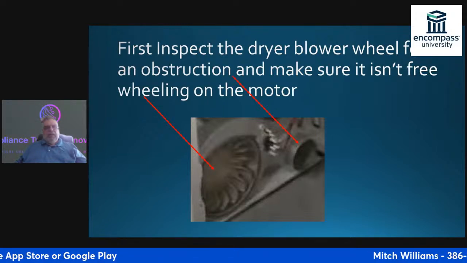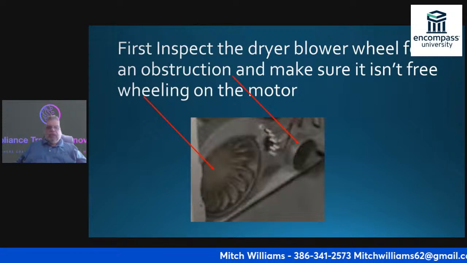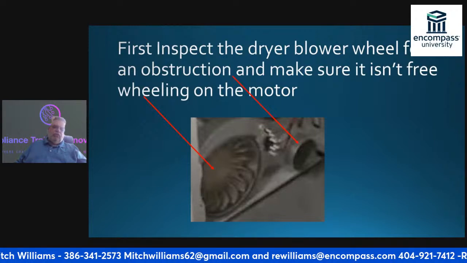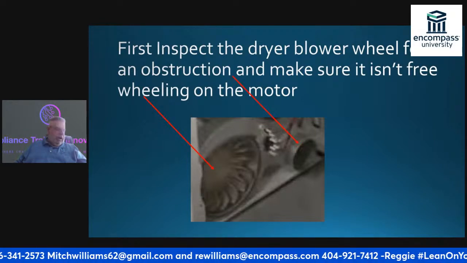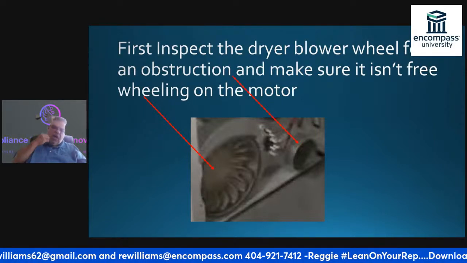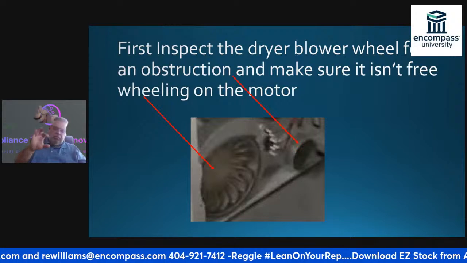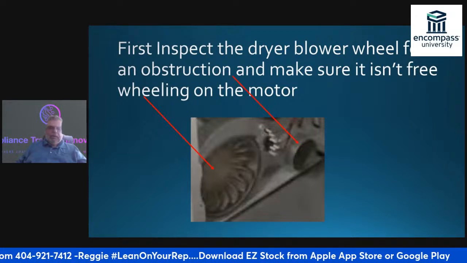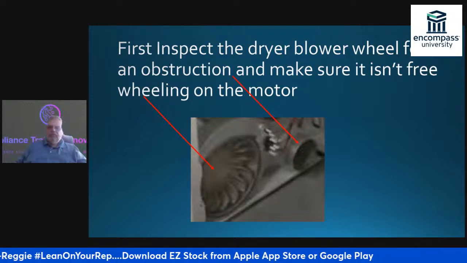And I'm going to make a mess, because I'm usually going to have to take penetrating oil, lube that up, and then try to spin the wheel piece off the motor shaft. So that is not a fun task.